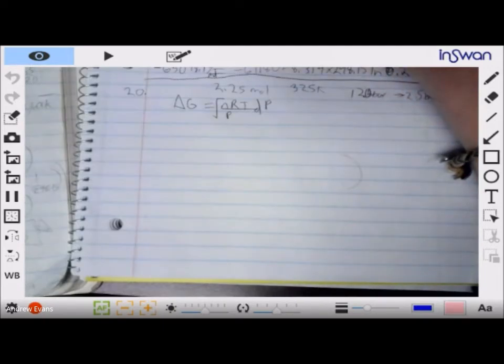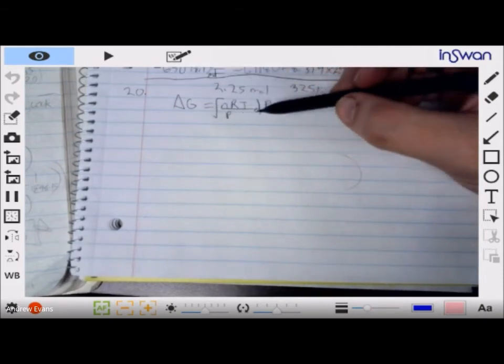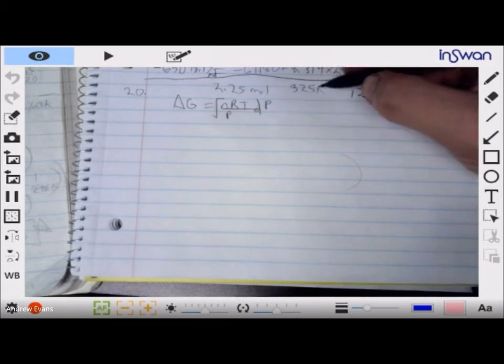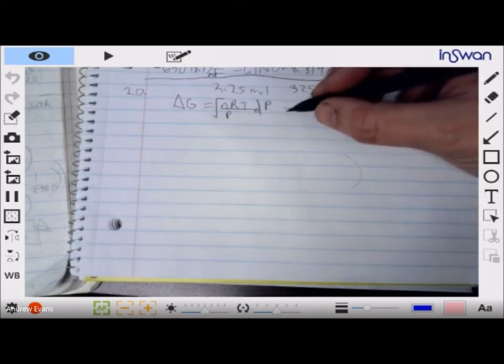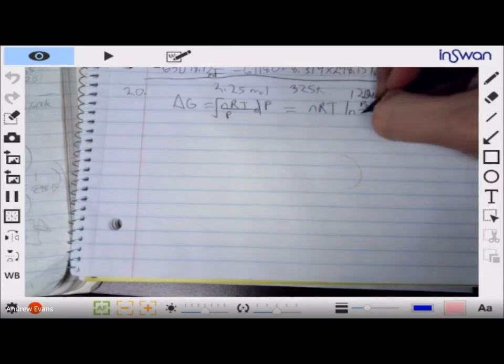Number 20 has us calculating the change in Gibbs for isothermal expansion from 12 bar to 2.5 bar. That can be summed up by Gibbs being equal to the integral of nRT over P dP, which gives nRT ln P2 over P1.